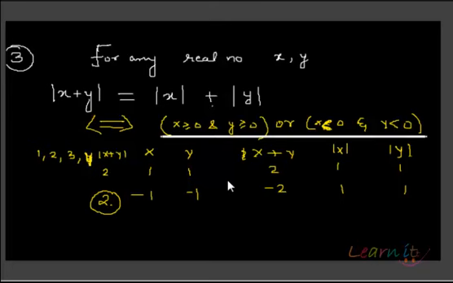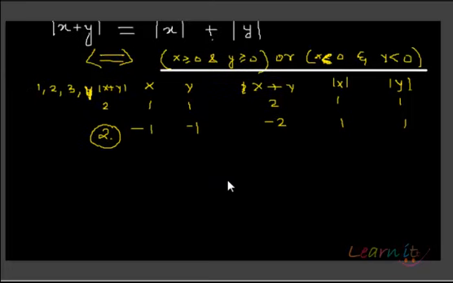So only in these two situations can this happen, not in any other situation where the inequalities are changing somewhere. Probably x is greater than or equal to 0 and y is less than or equal to 0. These kinds of combinations won't be viable in this identity. You can look at any example for that matter.